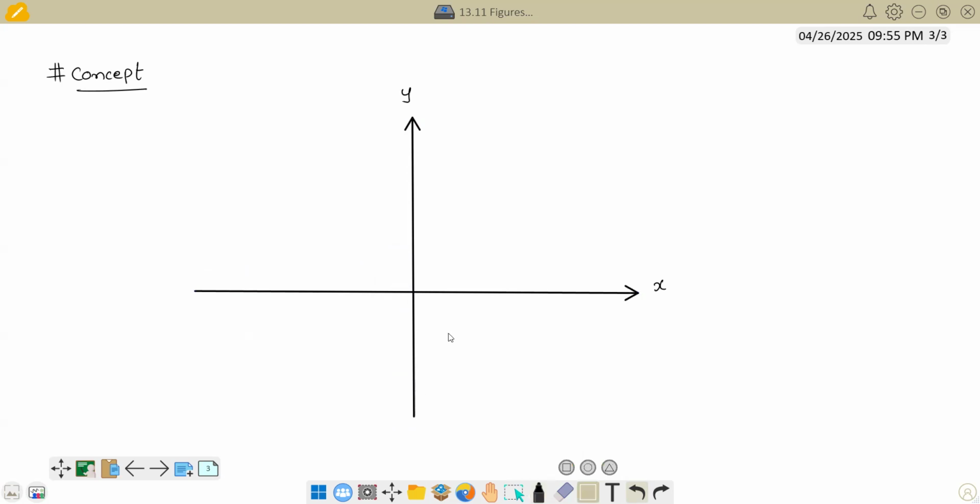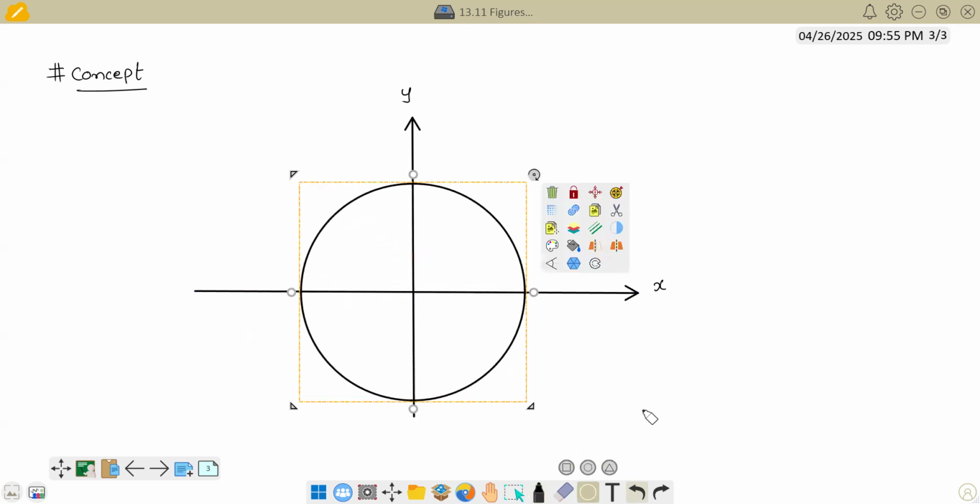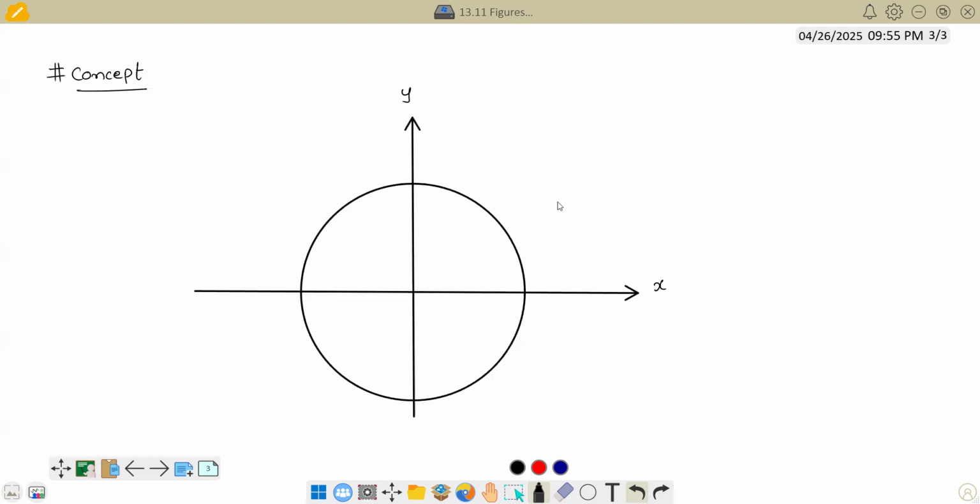Imagine a particle rotating in a circle. Let us consider a particle, and this particle is rotating in the form of a circle in this way. If the particle is located here, this will be the projection on the x-axis.